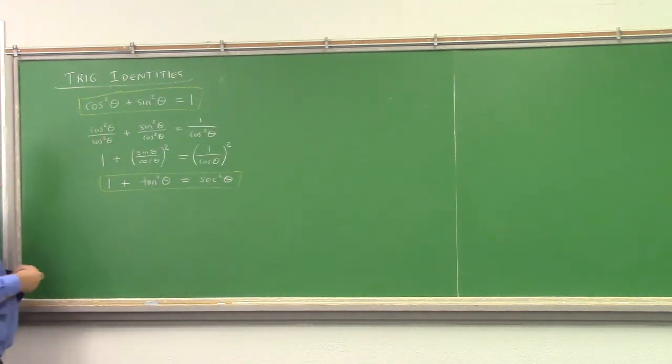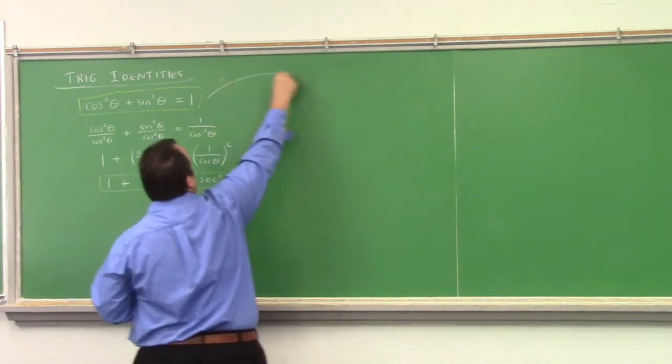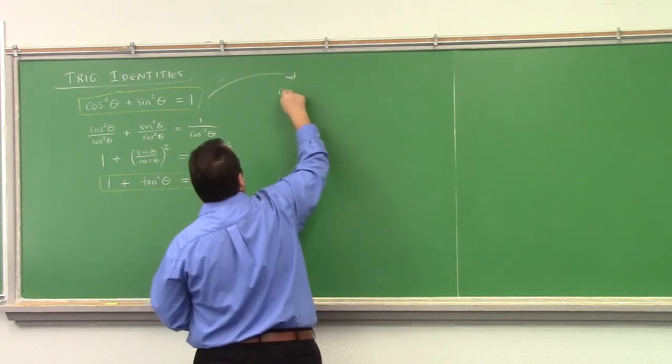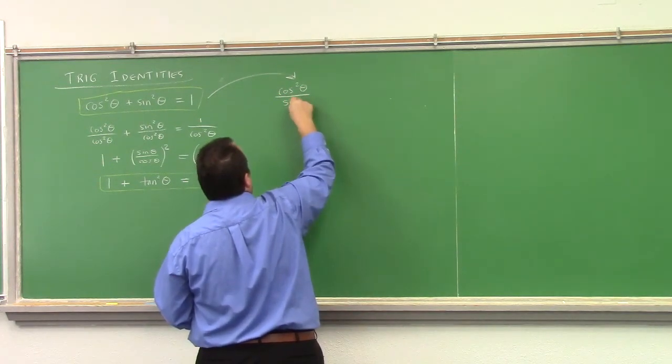What's another one you might want to work out? What happens if instead of dividing by cosine, we divide by sine squared? What identity does that give us? So we have cosine squared theta plus sine squared theta, and I'll divide by sine squared theta.